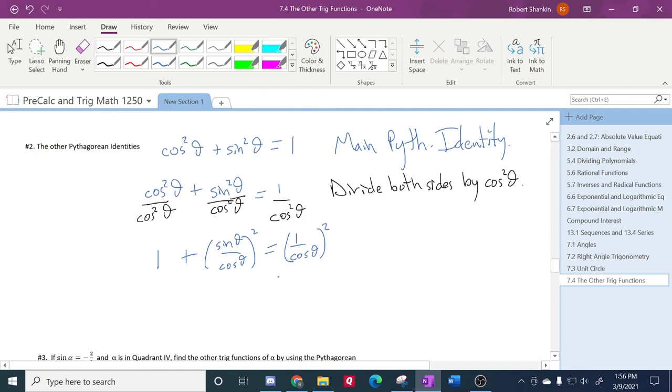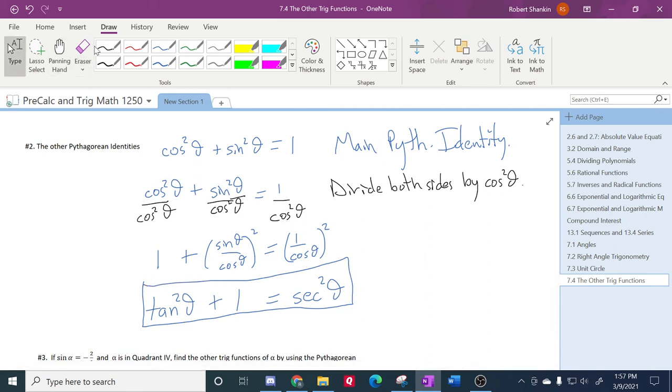So I'm going to just change the order slightly on this now. Sine over cosine is the same as tangent. Tangent squared theta plus 1 equals, when you reciprocate this, you can't start with the same letter, secant squared theta. This is one of the other ones.